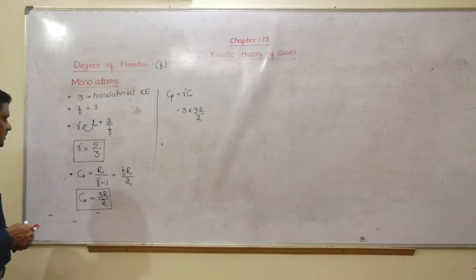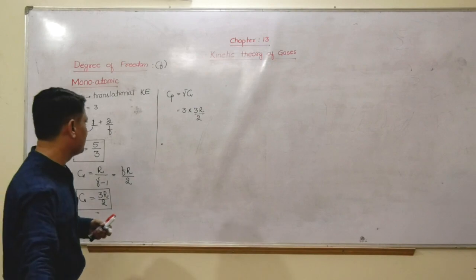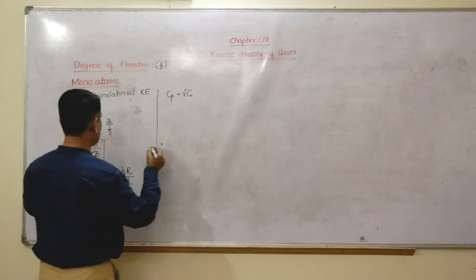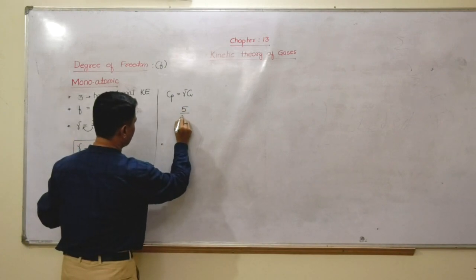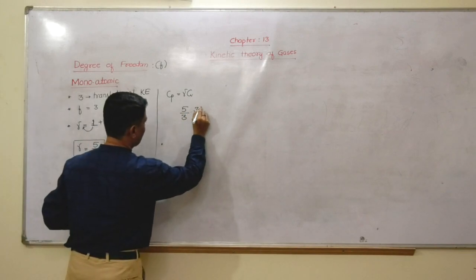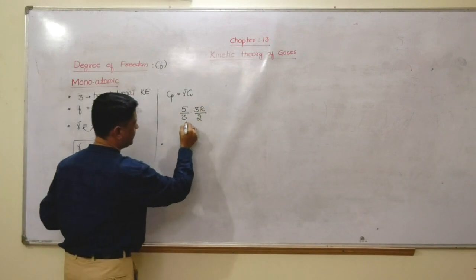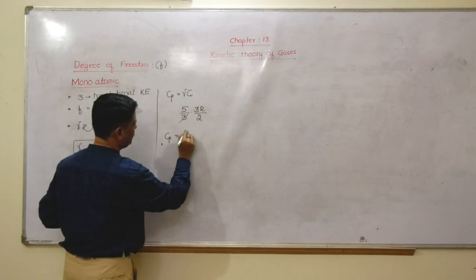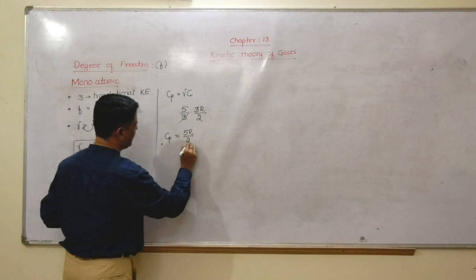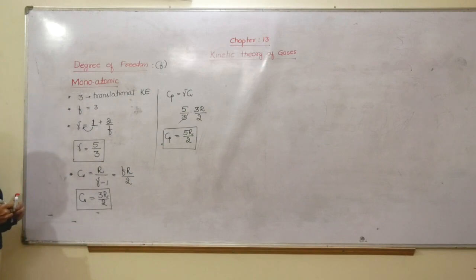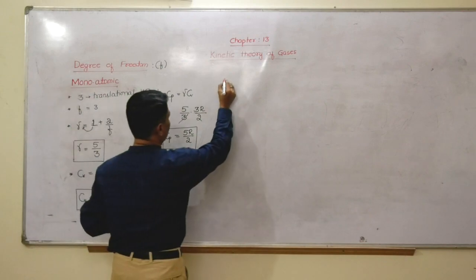Sorry, it's gamma, I was writing F here, it's gamma. So gamma is 5 by 3, Cv is 3R by 2, the 3 cancels, and then Cp can be written as 5R by 2. This is for monoatomic gas.